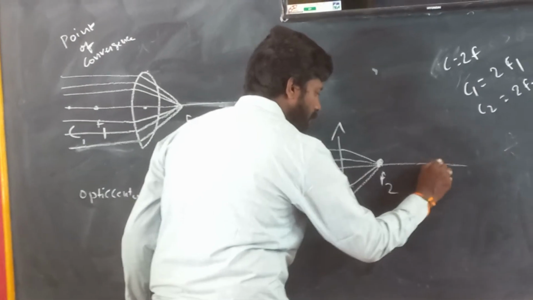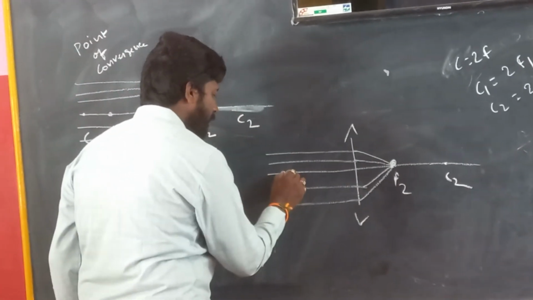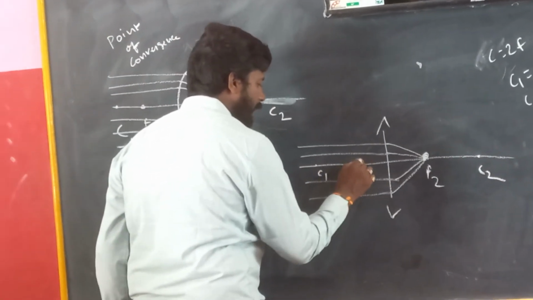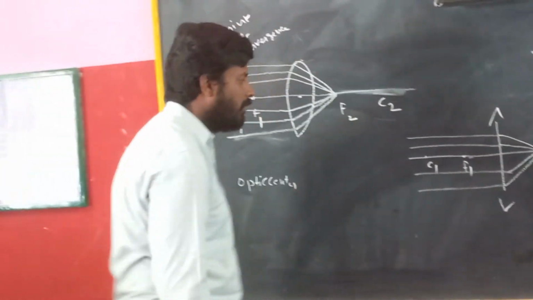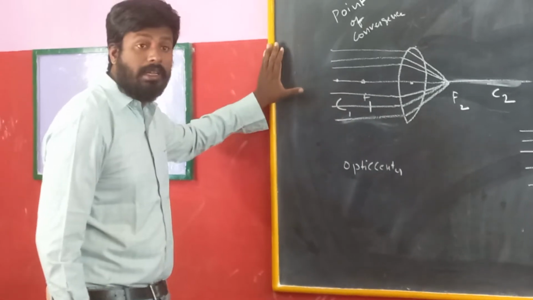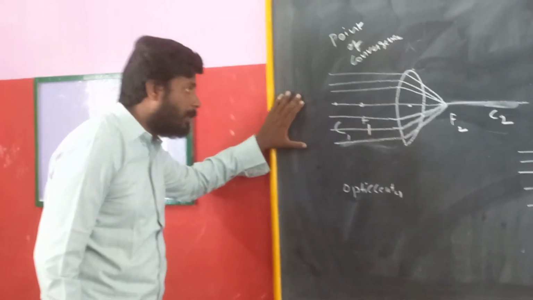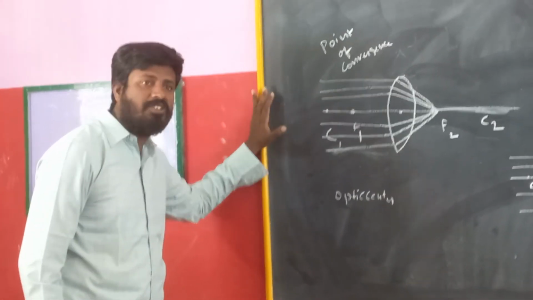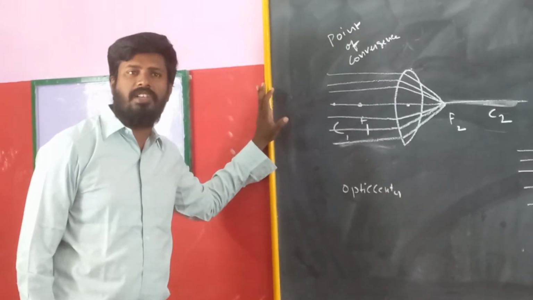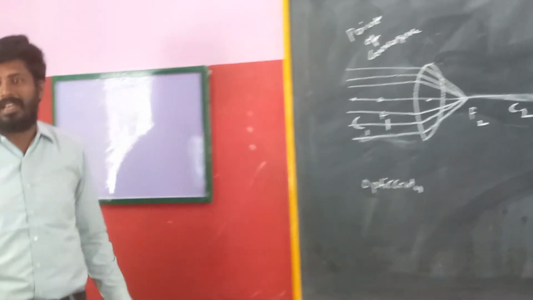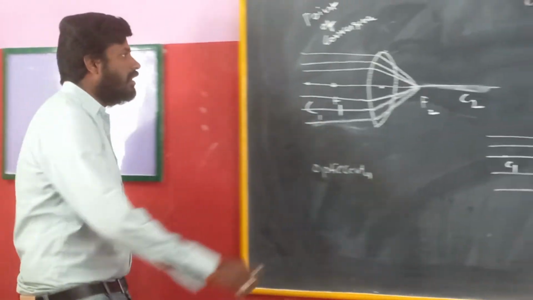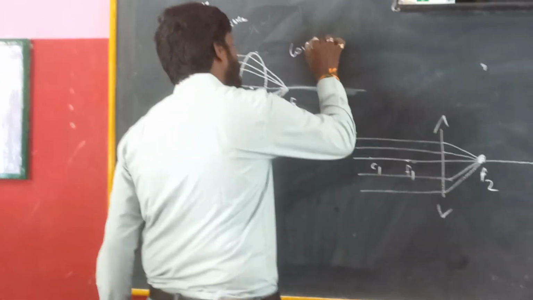This is F2, this is C2, and again this is C1, and again this is F1. So, any light rays that are drawn parallel to the principal axis will pass through the convex lens and converge at one point. Hence, convex lenses are called converging lenses.